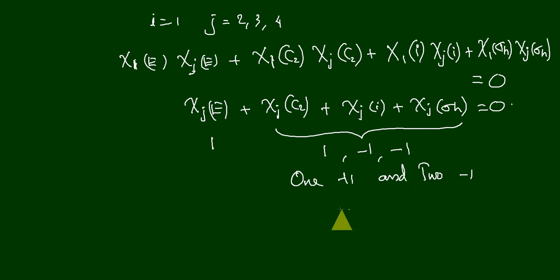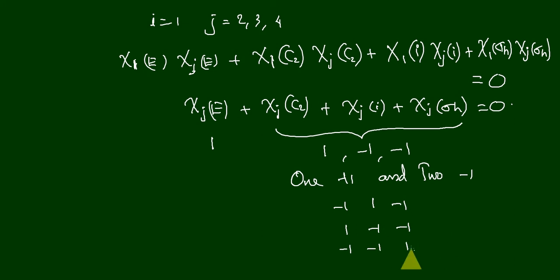We can give it in different orders. We can give 1 in the middle, minus 1 on the left and right. Then you can give 1 on the left, minus 1 on the right. Then you can give minus 1 here and 1 on the right side.